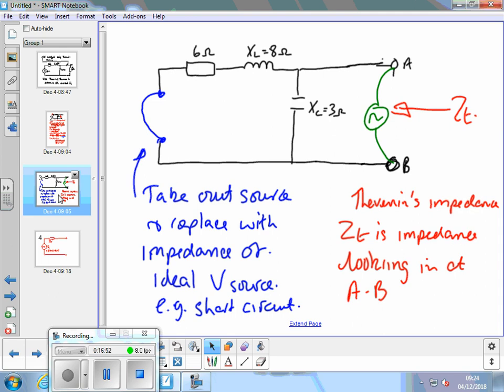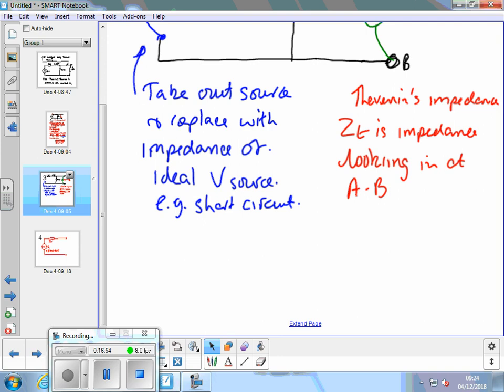So we want to find Z Thevenin. We probably want to use product over sum. So we've got R plus XL, those two are in series.